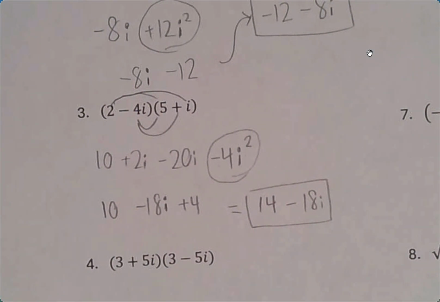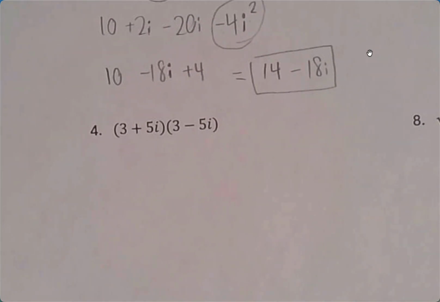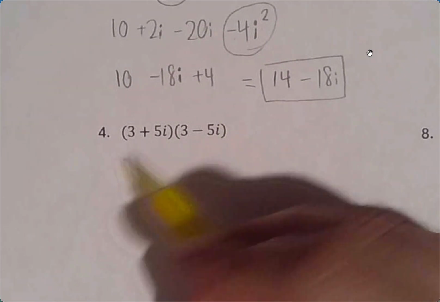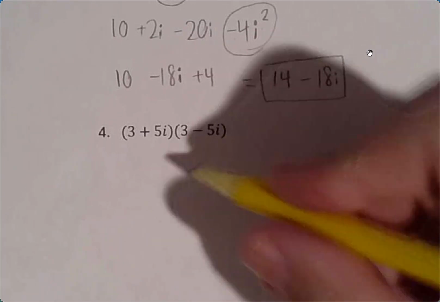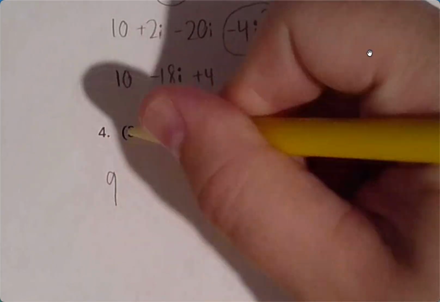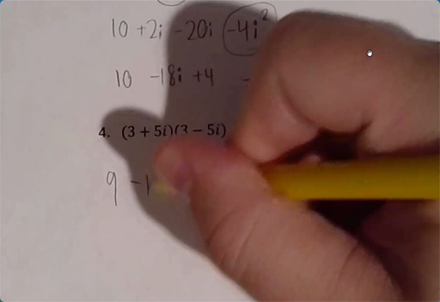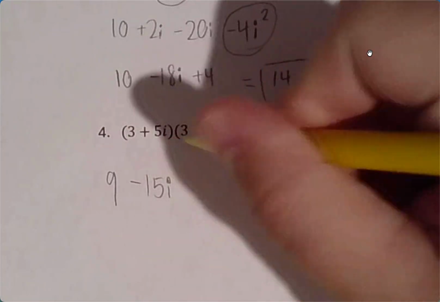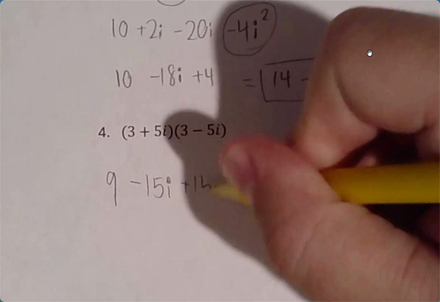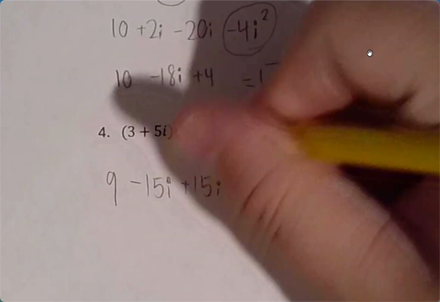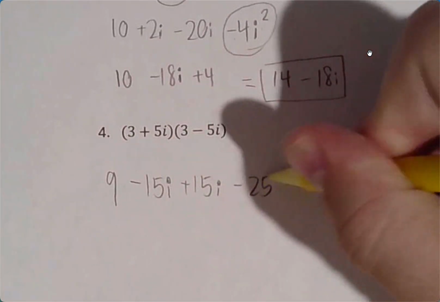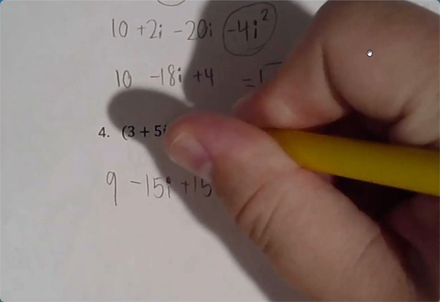Okay, now let's keep going. I don't want to make a big conclusion yet. Let's do some more foiling. We're going to do this one a little bit quicker. So that's going to make 9 from the first. That's going to make negative 15i from the outer. That's going to make positive 15i from the inner. And that's going to make negative 25i squared from the last.